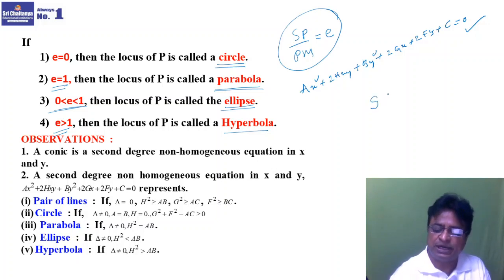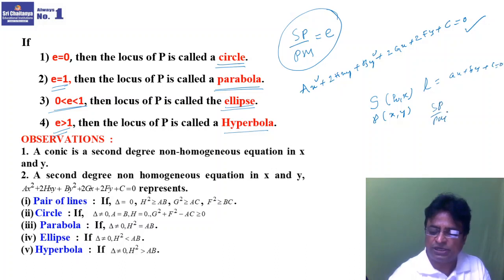Suppose you take S as a fixed point, let it be (h, k), and P as some variable point, let it be (x, y), and that fixed line L as ax plus by plus c equal to 0. Apply SP by PM equal to E. That means, by cross multiplying and squaring, SP square is equal to E square into PM square.